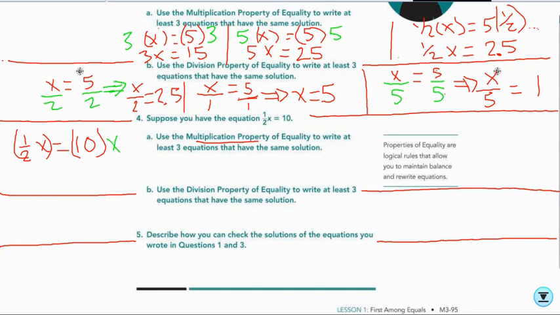So if I did times 2 on both sides, then I end up with 2 times 1/2 is just 1x, which is going to be equal to 10 times 2 is 20. So half of an x equals 10 is the same as writing x equals 20.